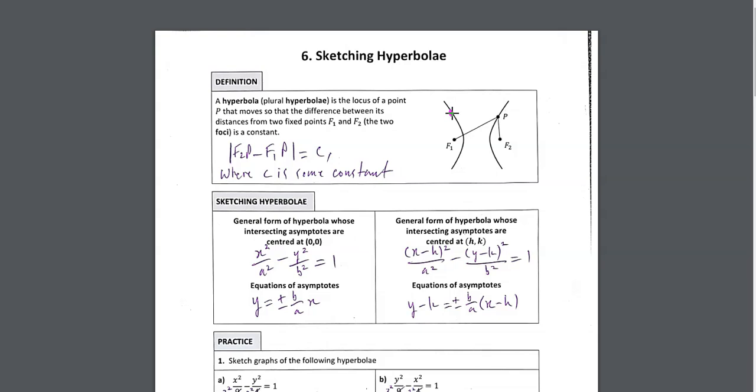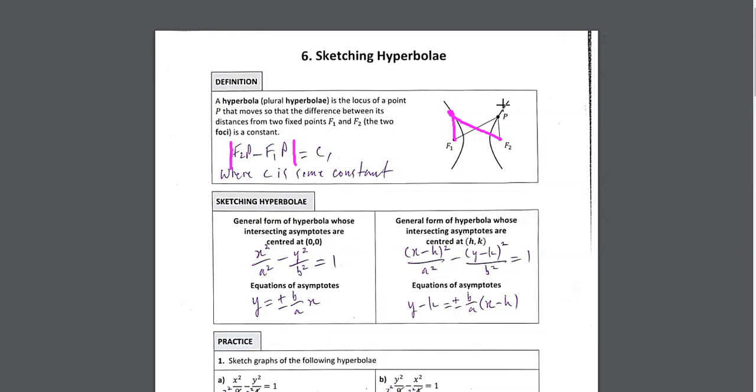Now, if we start doing it over on this side, and I do F1 to P minus F2 to P, obviously I'm going to get a negative answer. That's why we care about the absolute value. So the real rule is that the magnitude, the size, forget about plus or minus, the size of the difference between those two lines is always going to be a constant.